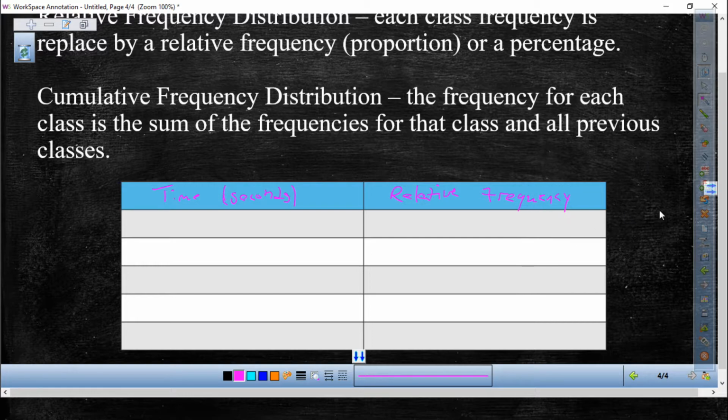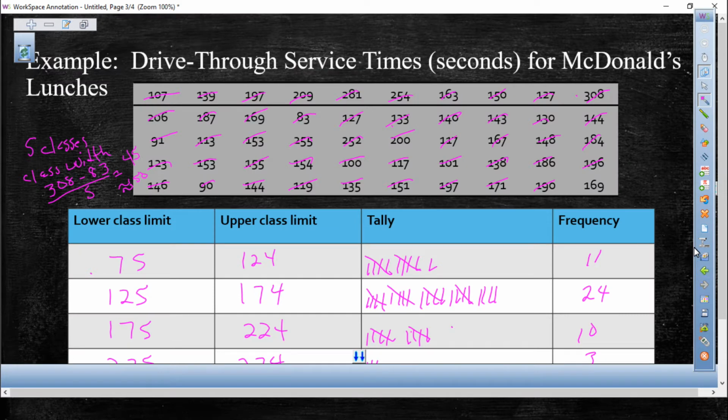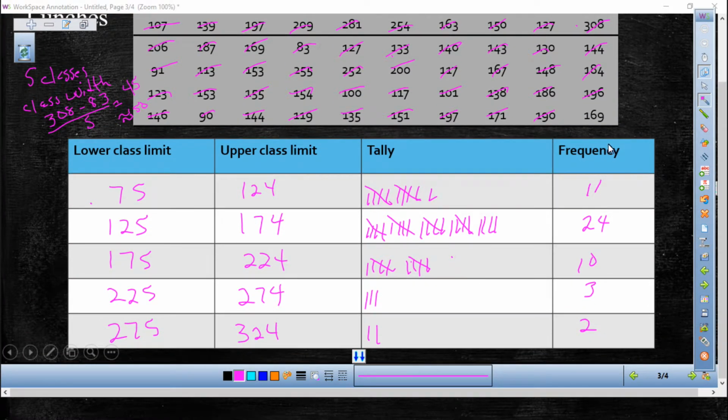Now, to do that, we're going to have to go back here and add up all of ours. 11 and 24 and 10 and 3, and that should equal 50. Okay? So that's 50.